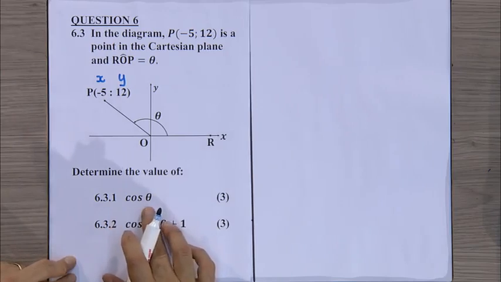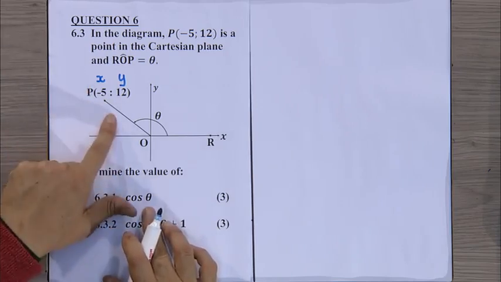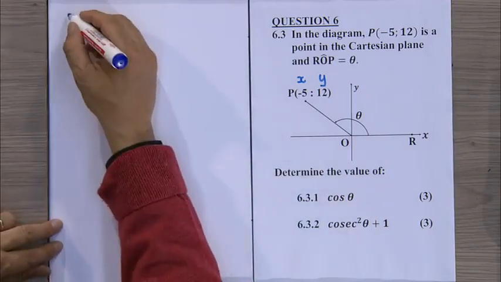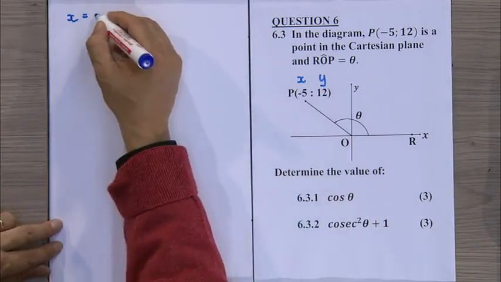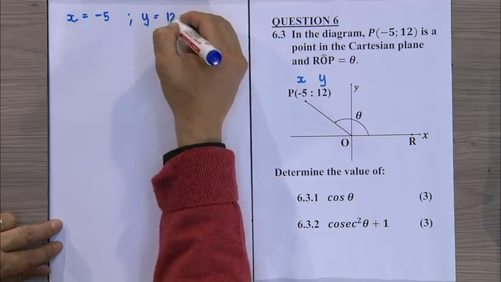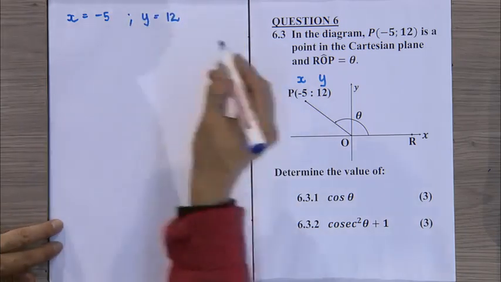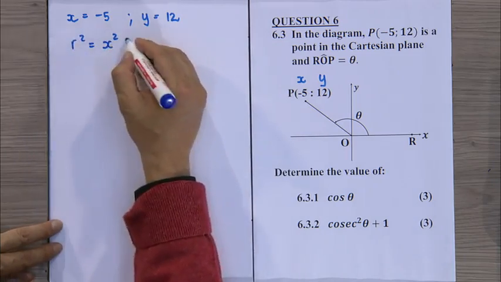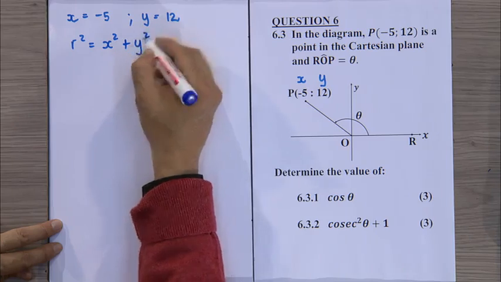But remember, what is the cos of x? X over r. But seeing that we don't have r, we have x, which is right here. My x value is minus 5. My y value is 12. So how will I get r? Pythagoras says r squared equals x squared plus y squared.